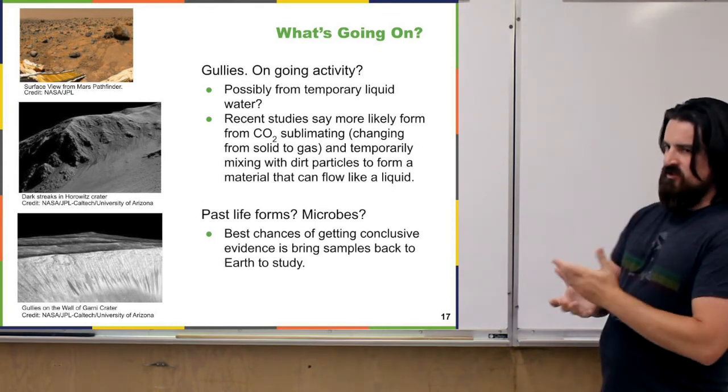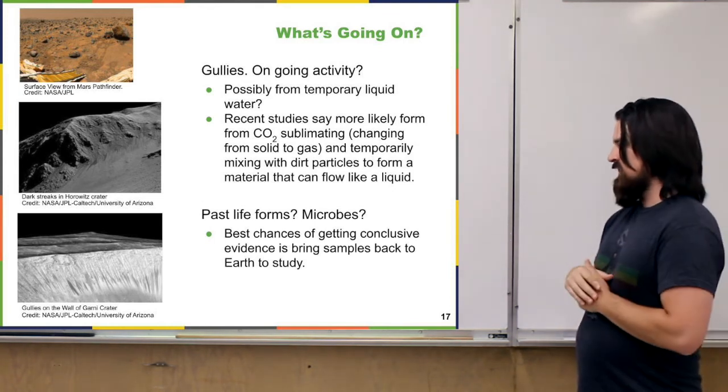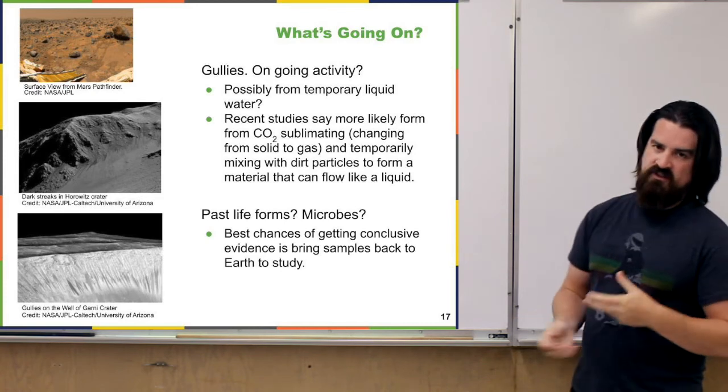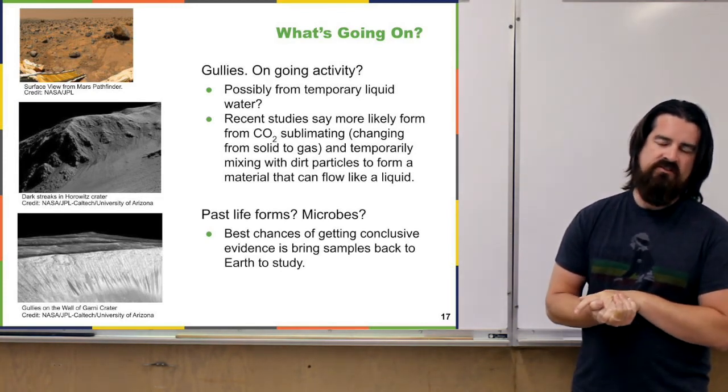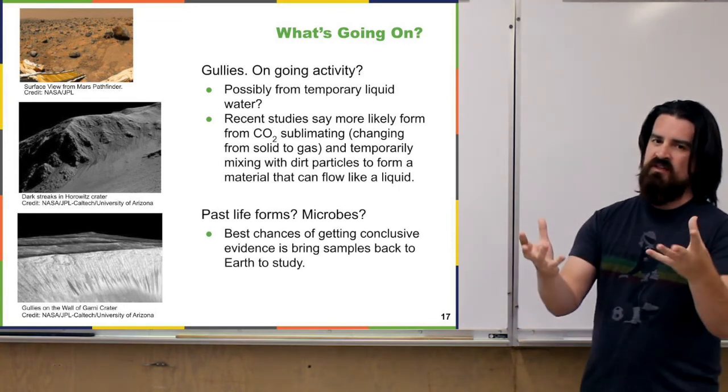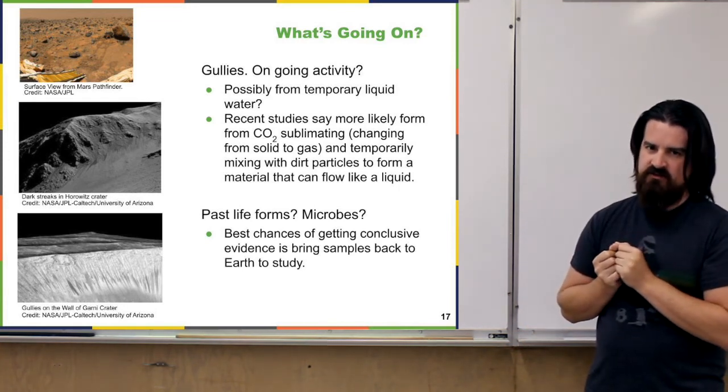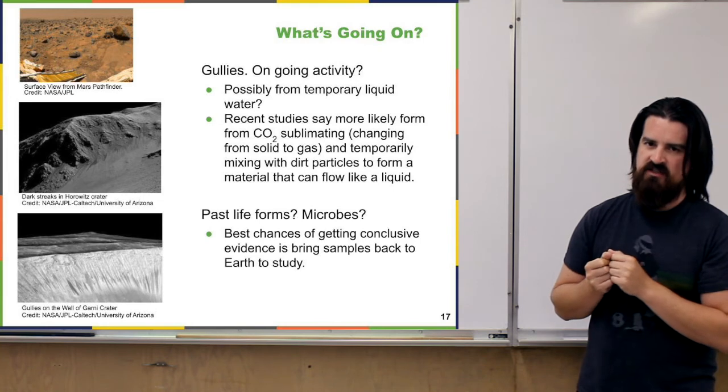We haven't found any concrete evidence of that yet, and fortunately or unfortunately, the best chance of actually getting conclusive evidence is still going to be bringing stuff back to Earth so we can study it in great detail.